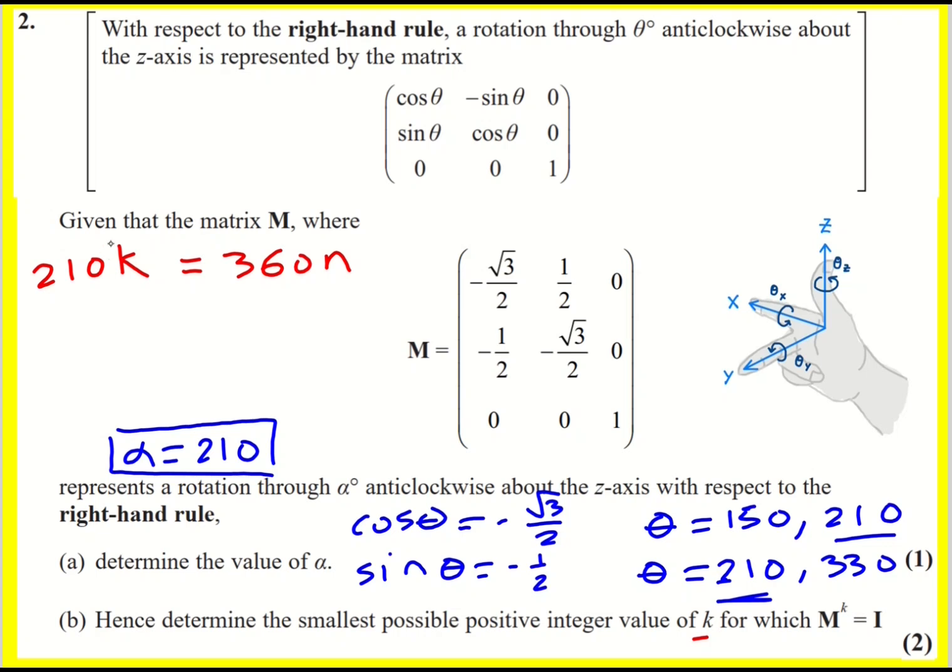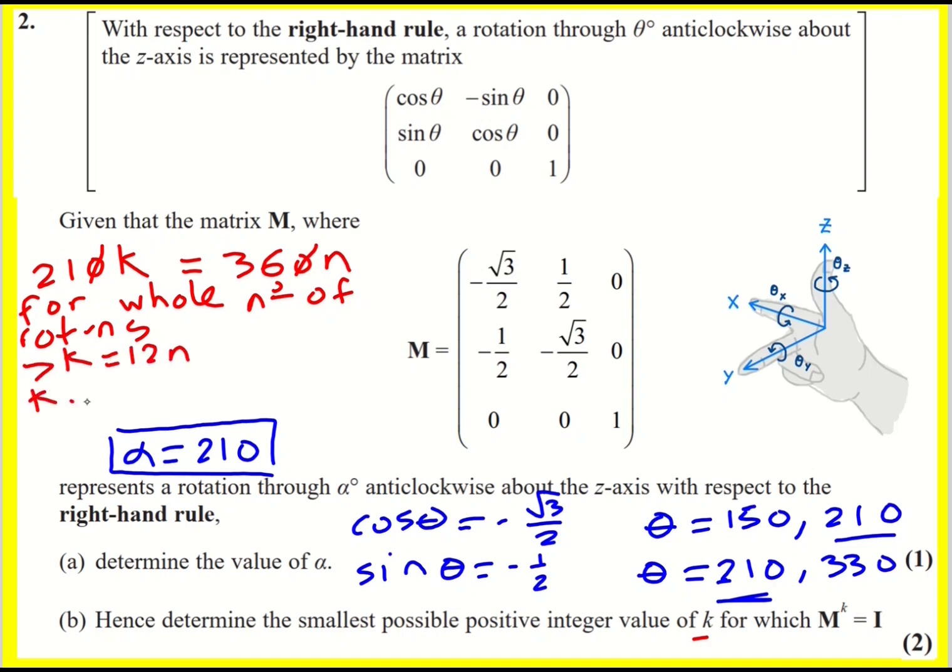For a whole number of rotations, I can divide through by 10 and the common factor of 3 to give me 7k equals 12n. Therefore k must equal 12 over 7 times n.